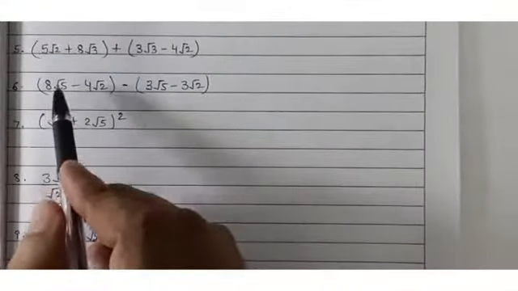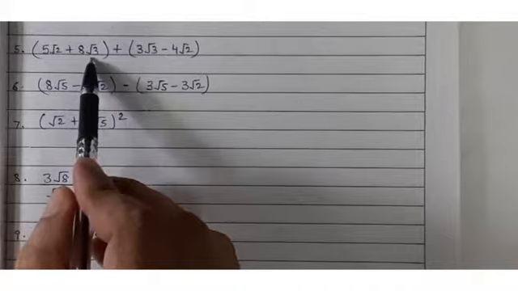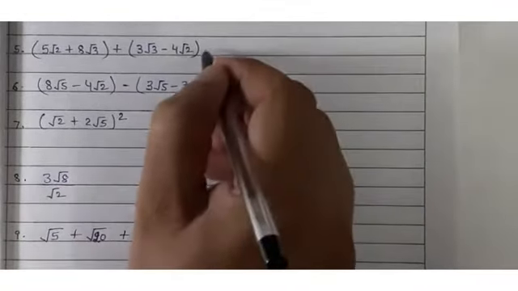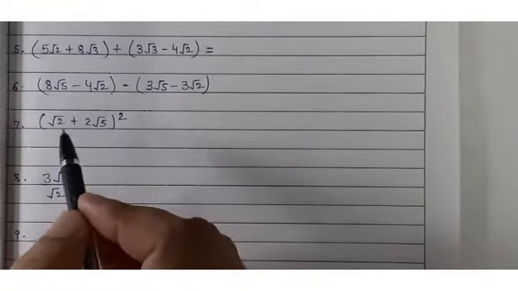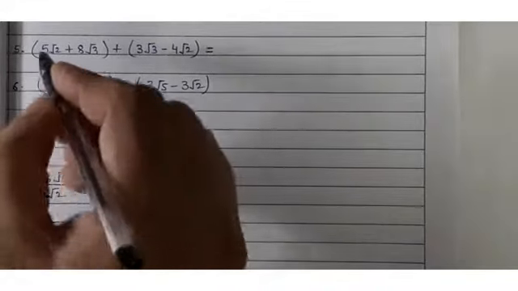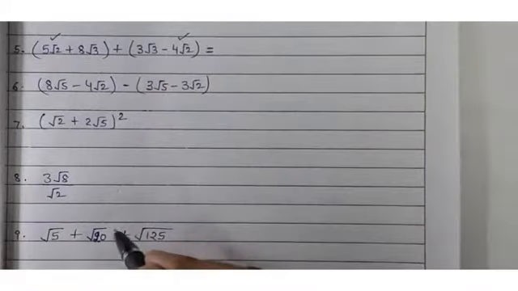Yes, come on, question number 5. See here, 5 root 2 plus 8 root 3 plus 3 root 3 minus 4 root 2. You have to simplify this. For simplification you have to see the like terms, no? See, this is 5 root 2 and here is minus 4 root 2.